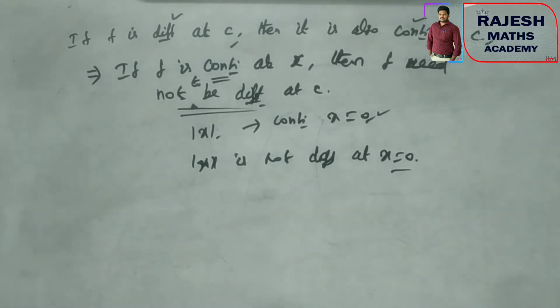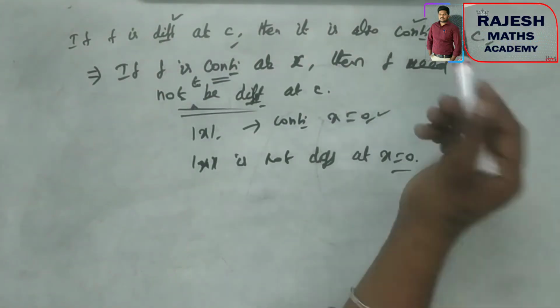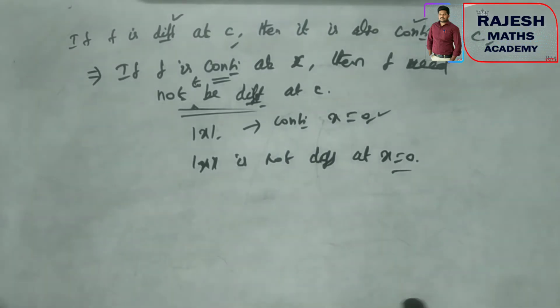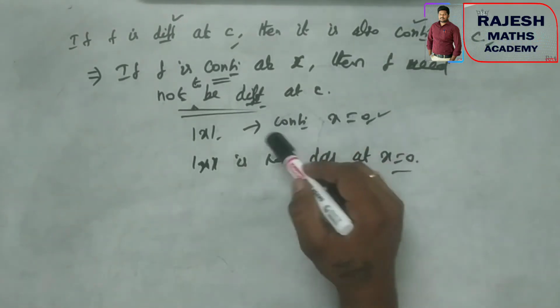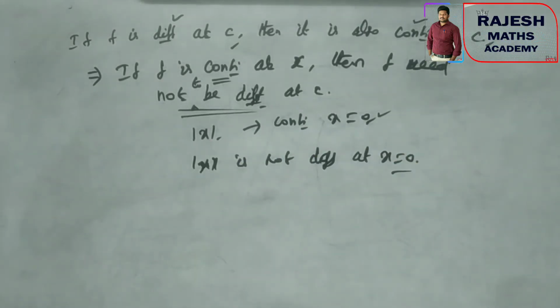So from that we can clearly say every differentiable function is continuous, but every continuous function need not be differentiable. Some continuous functions are differentiable, but not all continuous functions are. The example I have given is modulus of x. Clear?